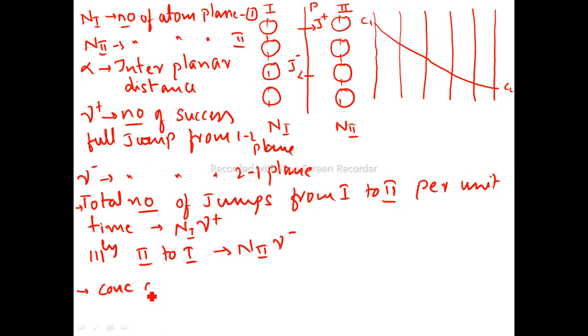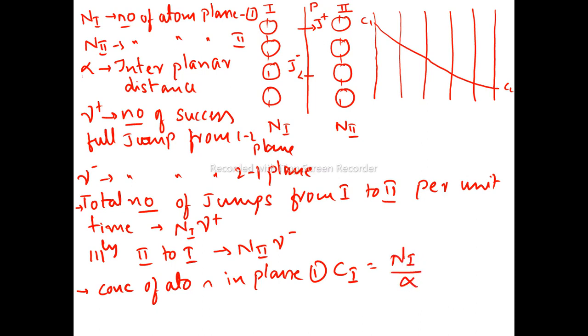The concentration of atoms in plane 1 is given by C1, equal to the total number of atoms divided by volume.